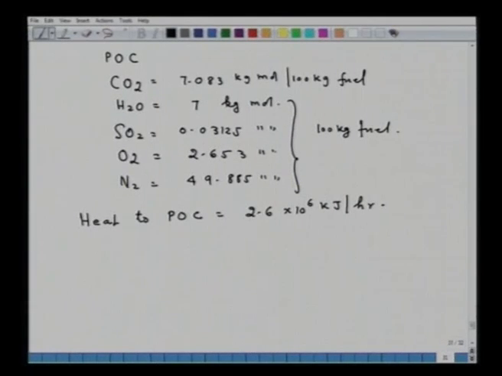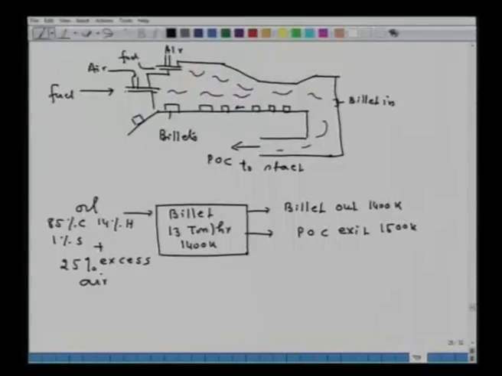Now, if we see this particular block diagram and do the heat balance, then heat input is equal to heat output by the billet and heat taken by the POC.